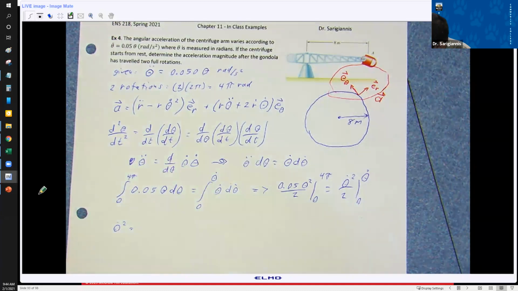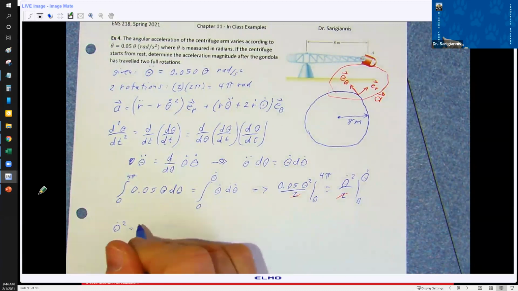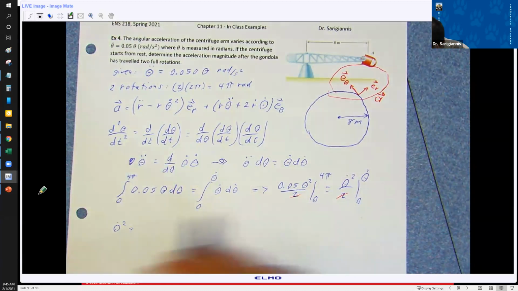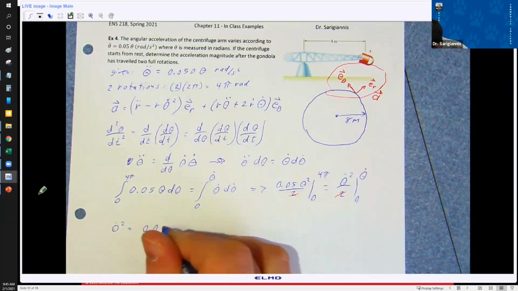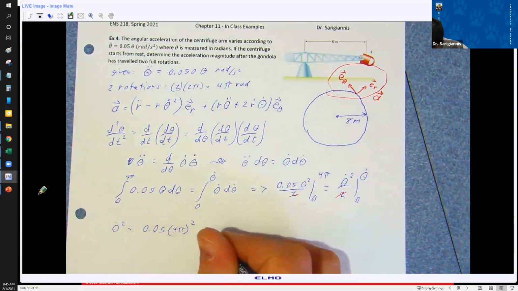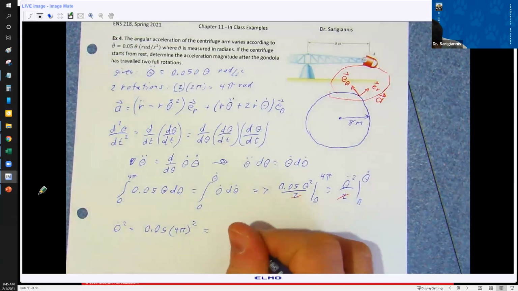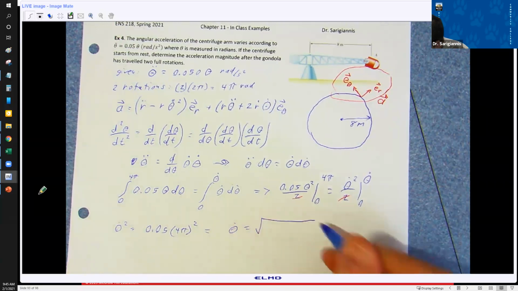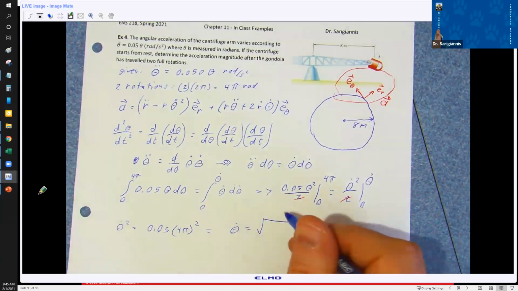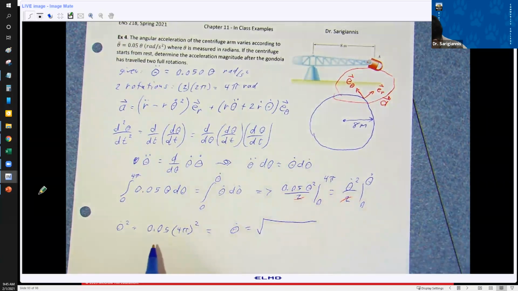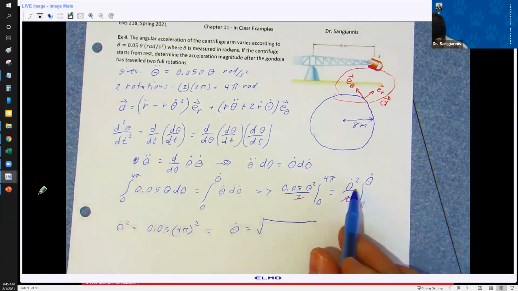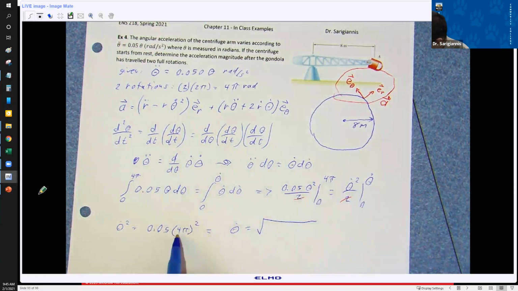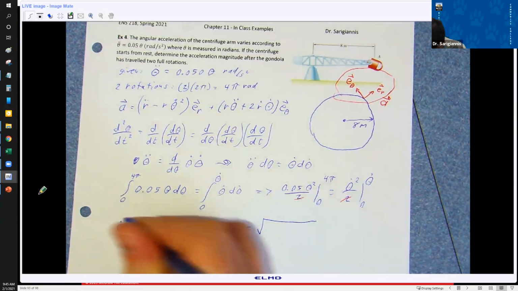I canceled the 2's out, yeah, that makes sense. So it equals just theta dot squared, which is 0.05 times 4 pi squared. And that means theta dot is equal to the square root of this, right? Because this is basically theta squared. We know theta squared. We're looking for theta dot squared. My dots are fading.